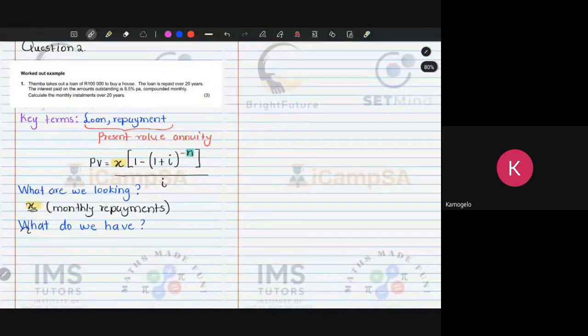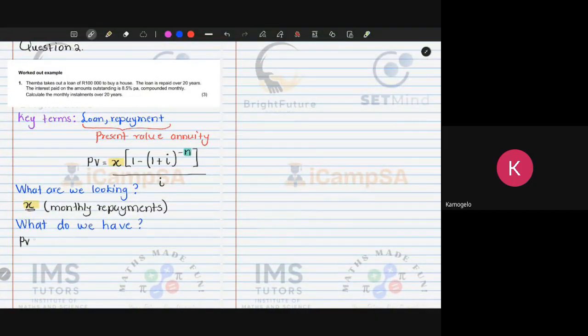On point. Remember, guys, you should be able to talk to me because this is you talking to yourself in the exam: I see that we have the present value, which is 100,000. What else do we have? Number of payments. Okay, so we have n, which is 20 years.